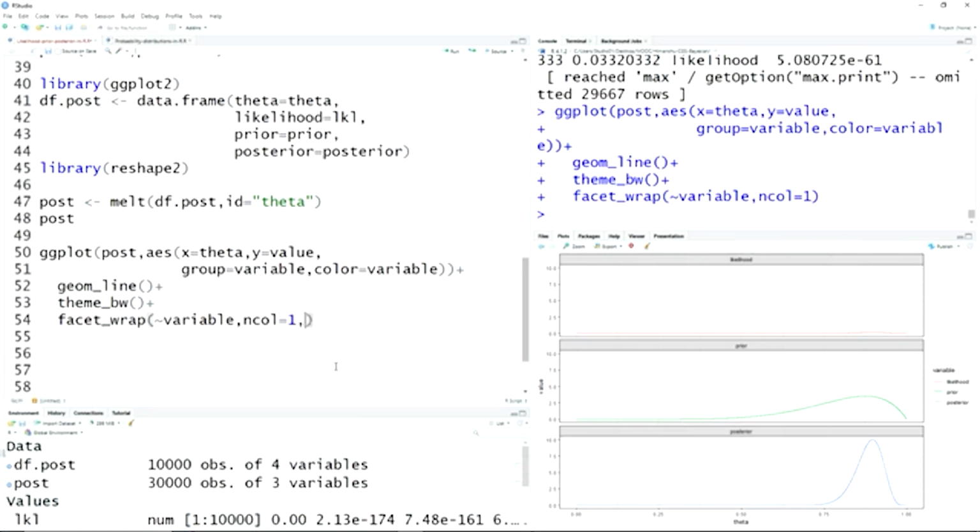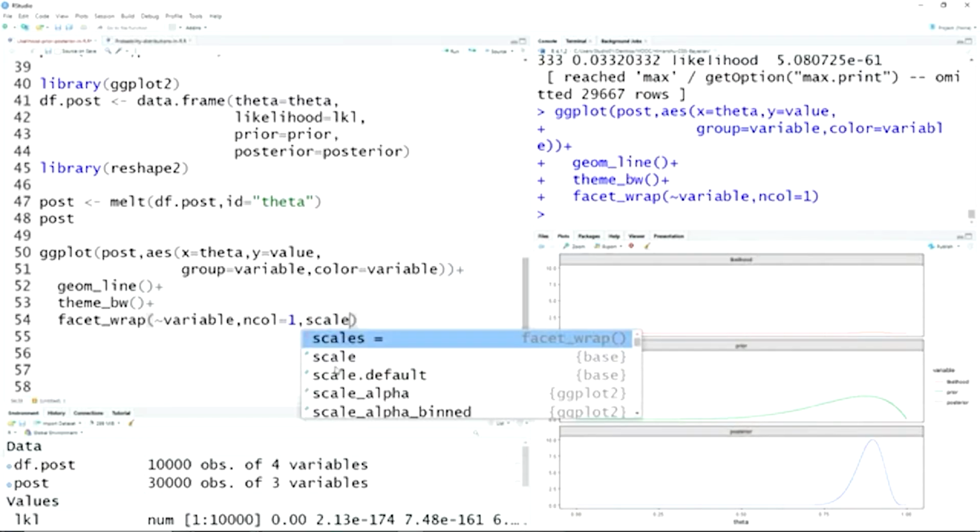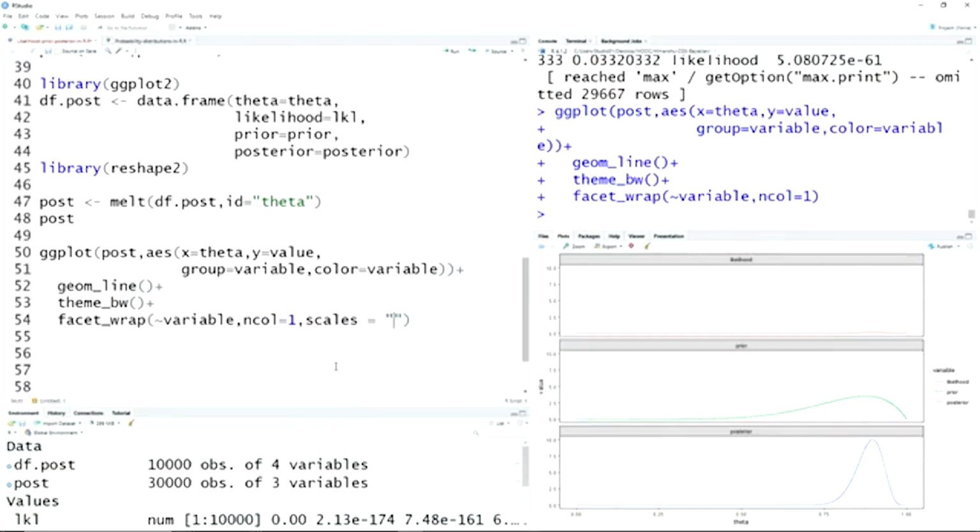So there's one more thing I need to do. I need to free the scales on the y-axis so that I see all the plots clearly, at least the shape. This is because the values of likelihood, prior and posterior are on different scales.